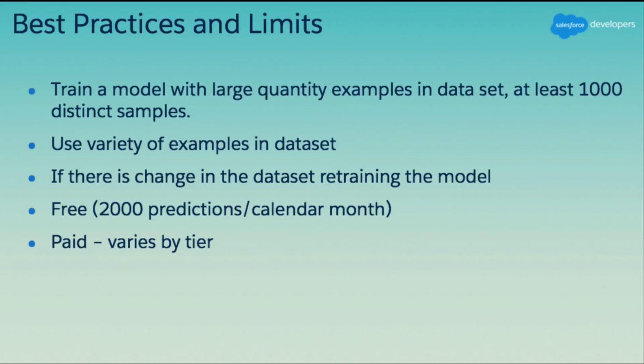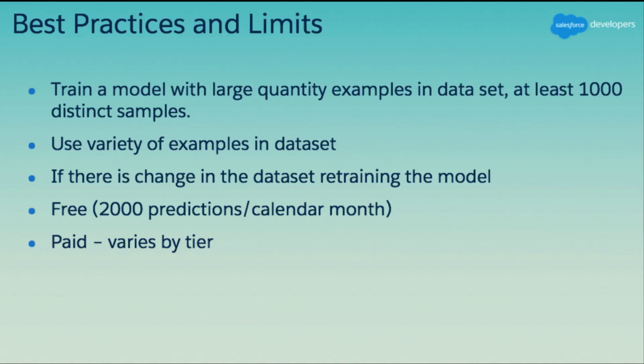So if the underlying scenarios and examples are changing, you will have to retrain the model. You only have to do it once, but you have to do that so that it makes accurate predictions. So retraining the model is another thing we should keep in mind if there is a change in the data set or the examples.